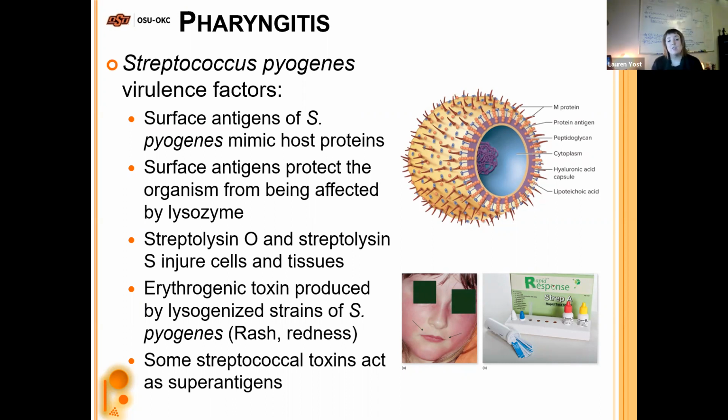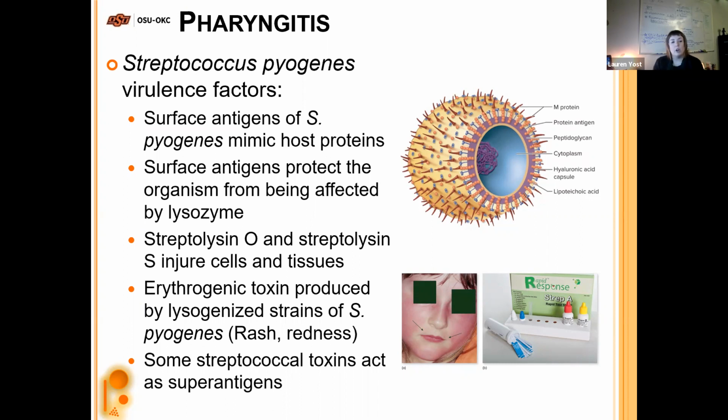So that can lead to symptoms, including a lot of inflammation associated with the attempt to clear out the strep infection. There are surface antigens to protect the organism from being affected by the lysosome that would break it down when the phagocytes try to eat it up and kill it.